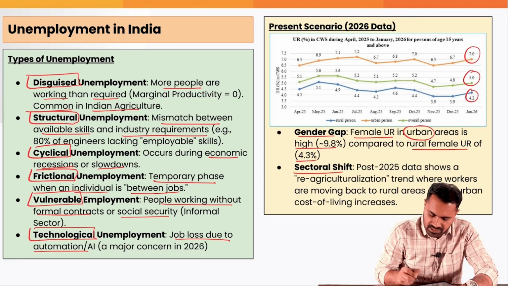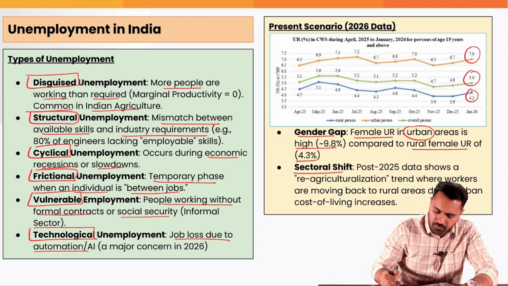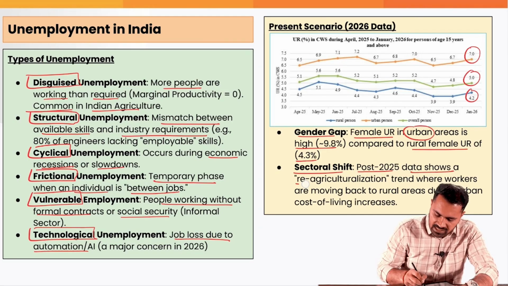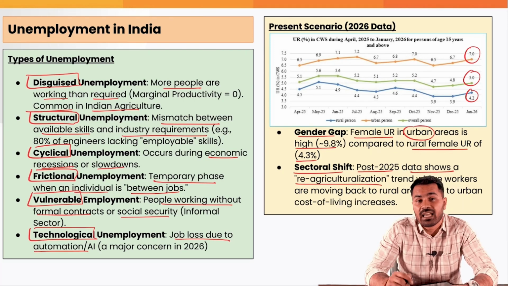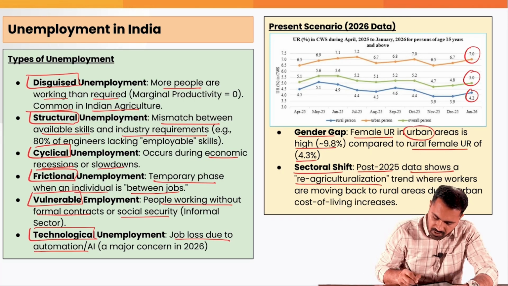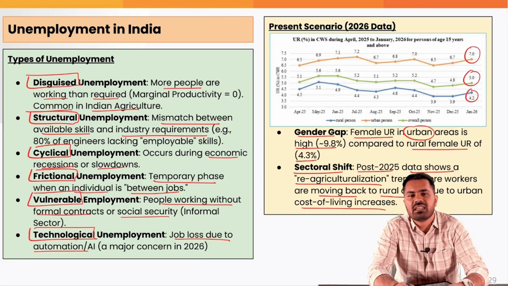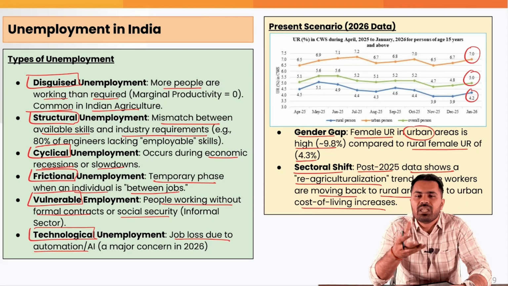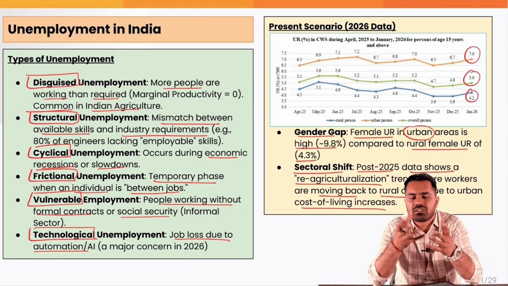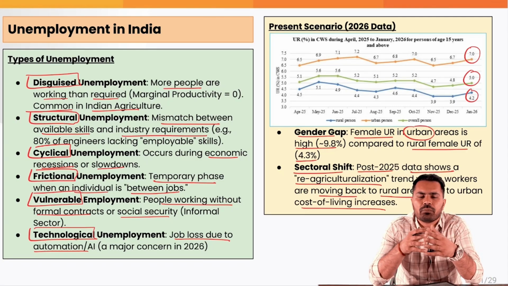There is also a sectoral shift, which the periodic labor force survey says that post 2025 the data shows a re-agriculturization trend where workers are moving back to rural areas due to urban cost of living increases. The inflation was very high until last year. The inflation touched right up to 7-8%.